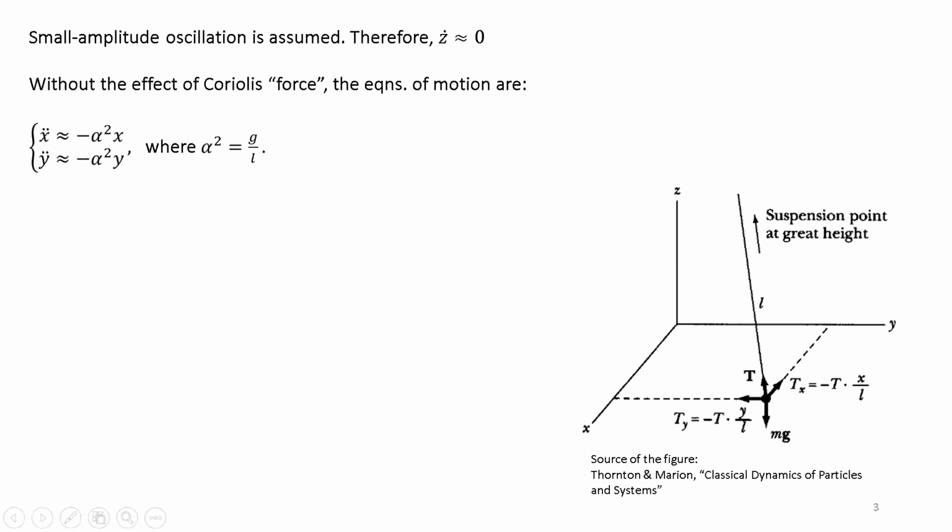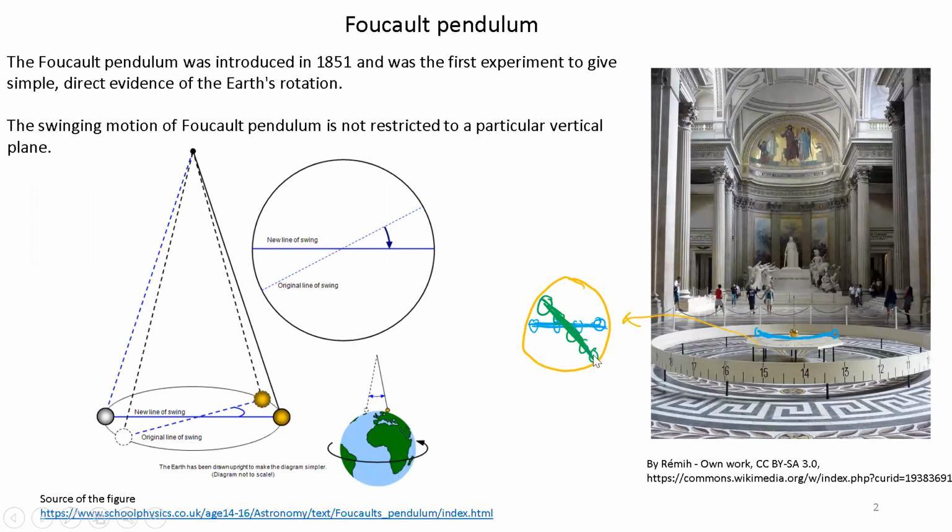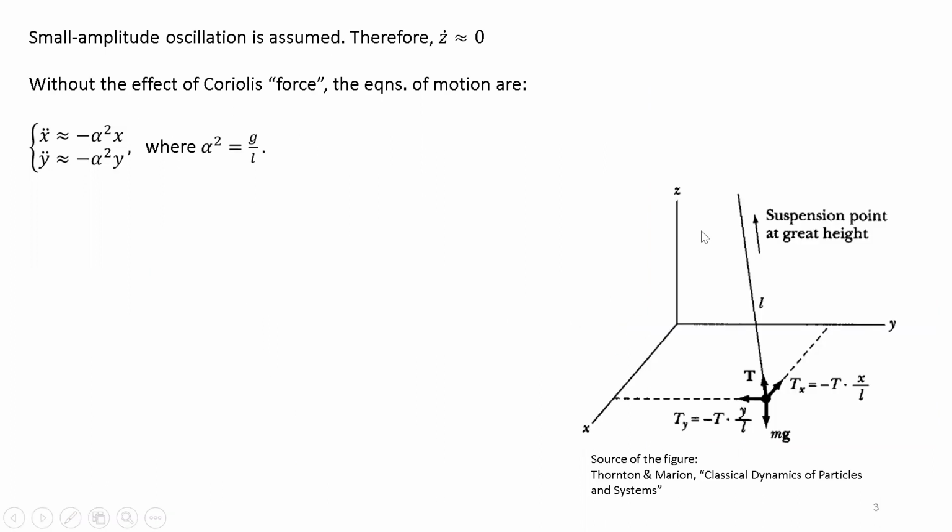Here, because the oscillation plane is not fixed, you understand that we are really talking about a two-dimensional problem. So I'm no longer using theta as the variable, and it turns out that using x and y would be the convenient choice for this problem.